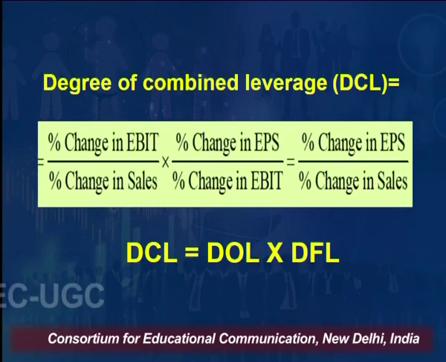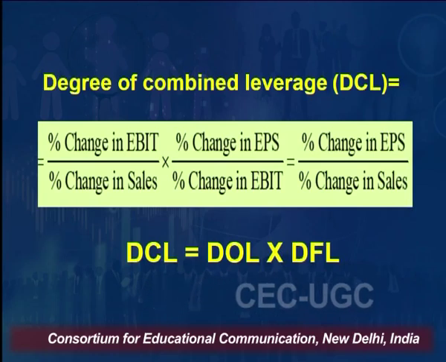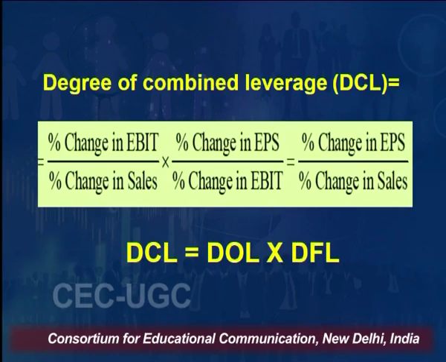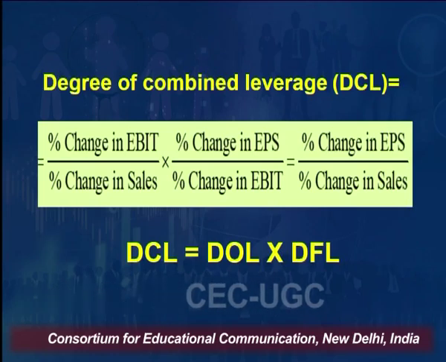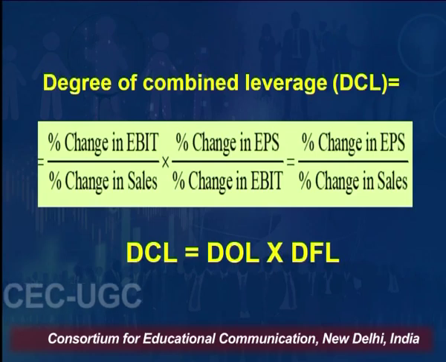From the equation given on the screen, you can see that on the left hand side where the equation is starting, we have this first part of the equation wherein change in our EBIT is divided by change in sales, which represents our operating leverage.